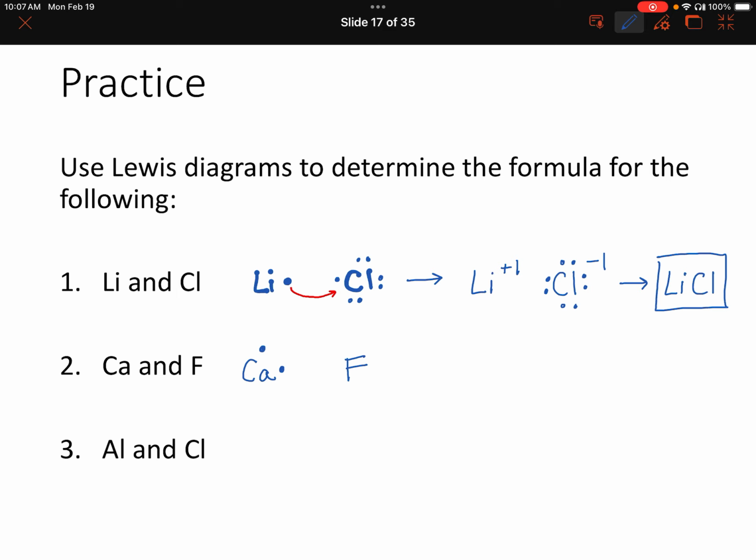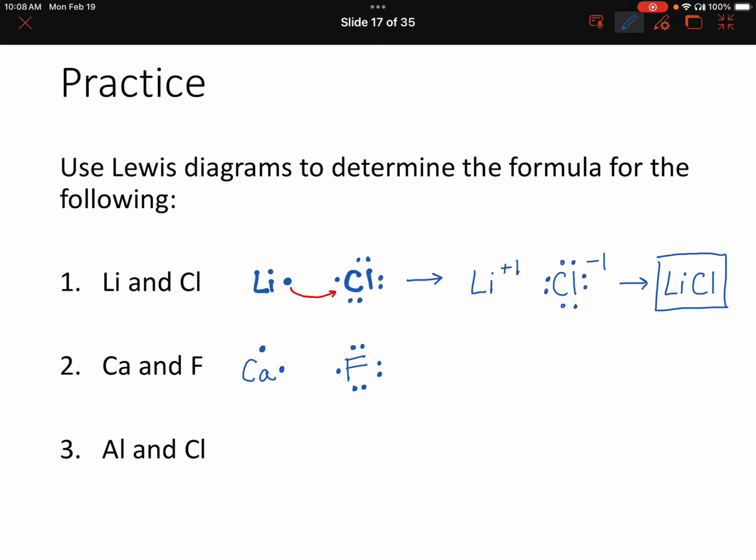Group 7. So it has 7 valence electrons. So let's draw those 7 valence electrons. Oops, I meant to put the lone electron on the left. I'll just swap these. So I'll put the lone electron there.